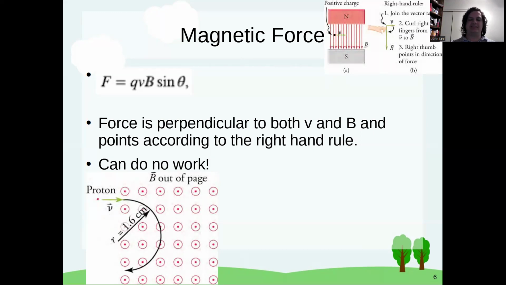What instead has to happen is that there has to be some outside force, or some outside material or source of energy linked to the magnetic field, which is doing the work.